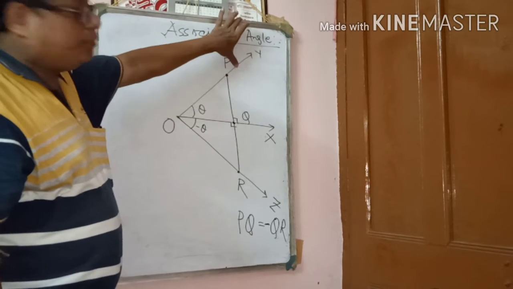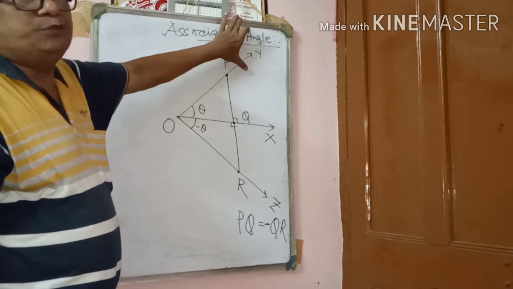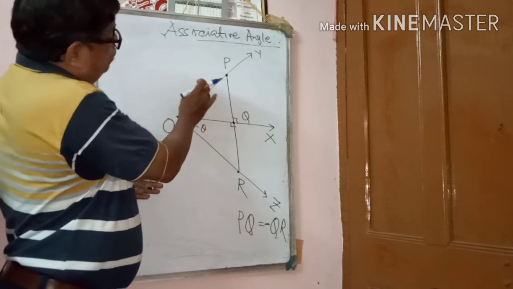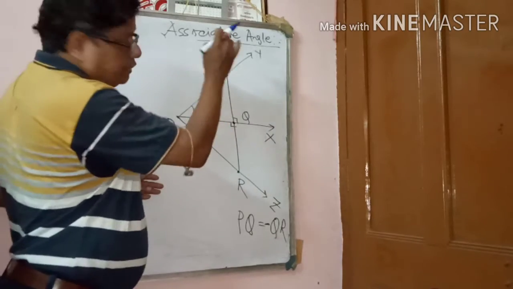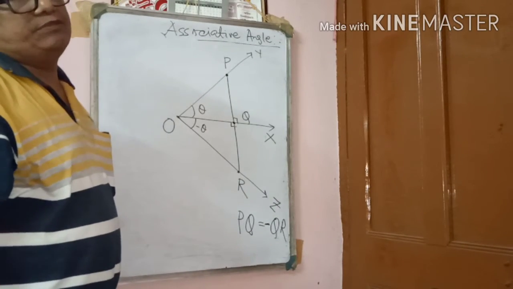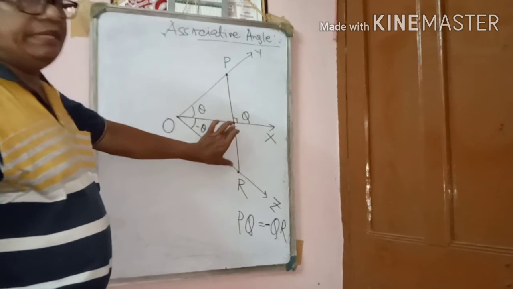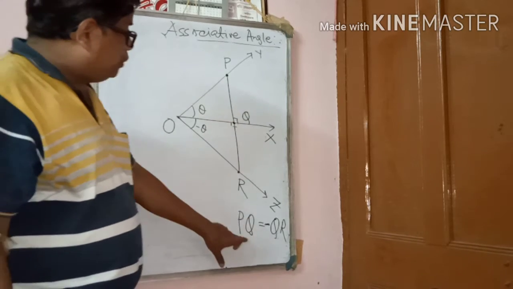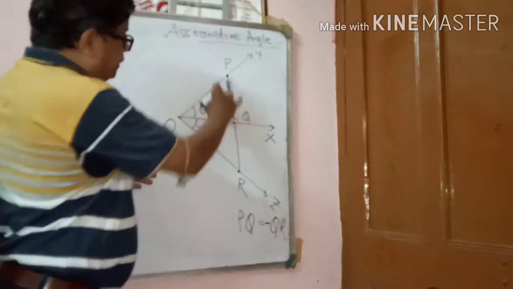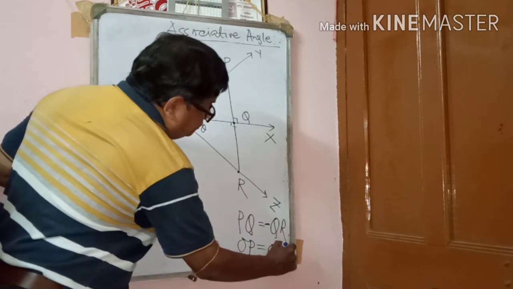If you take point P of X, Y, with X positive and Y also positive, that is the first quadrant; then second quadrant, third quadrant, fourth quadrant. In this point the ordinate is negative, the abscissa is positive. So this is positive, so this side will be negative. So PQ equals minus QR. Again, we can add OP equal to OR.